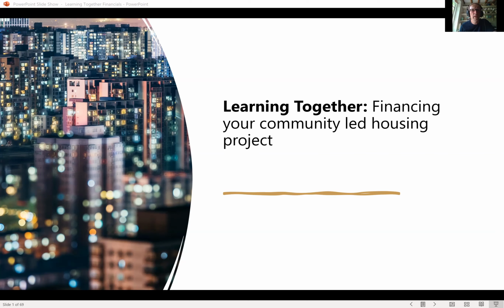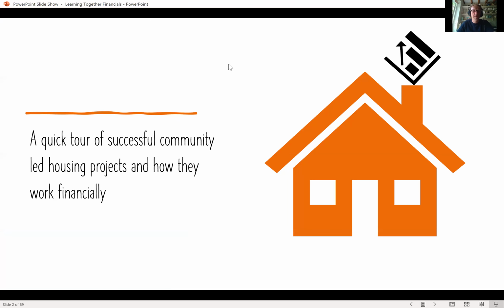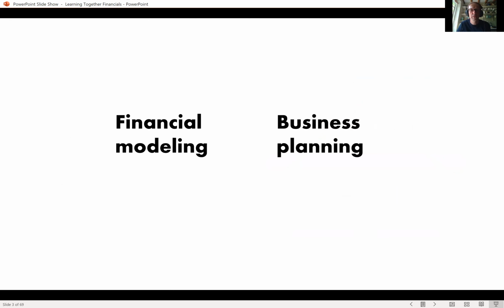I've mostly chosen ones that are already set up and running, or in the process of being built at the moment, so you know that these things do work, and they are people who are successfully living in the projects. So, as I said, it's a quick tour of successful community-led housing projects and how they work financially.